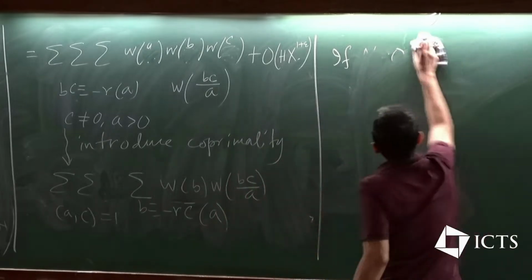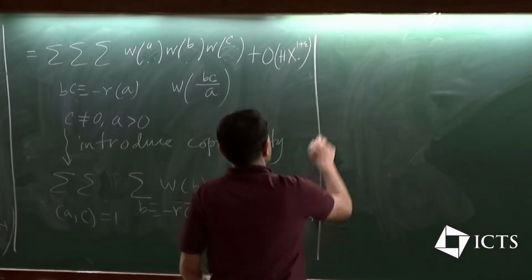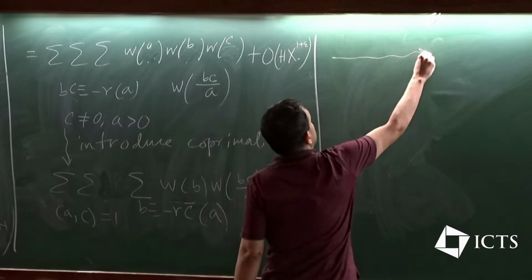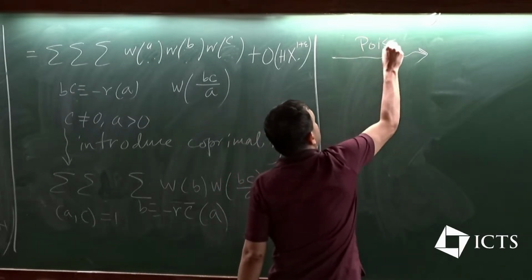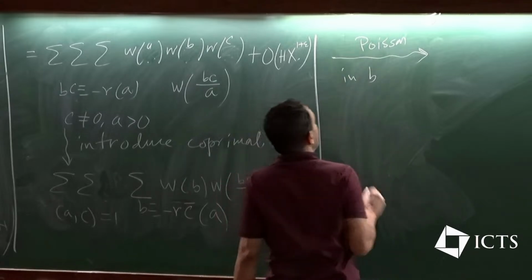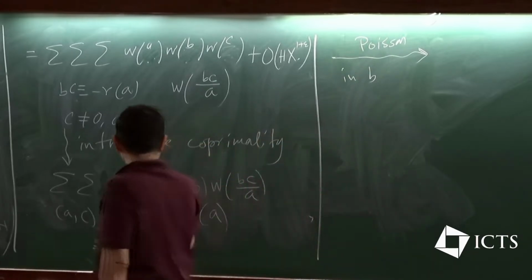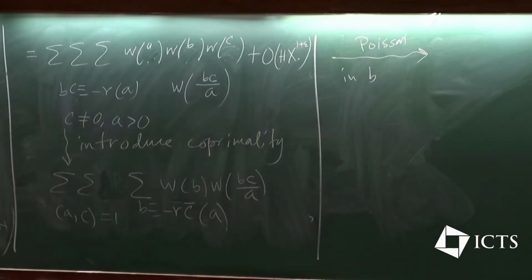Okay, and then you apply Poisson in B. So when you apply Poisson in B, there will be a 0th term which gives you the main term and then the other terms.